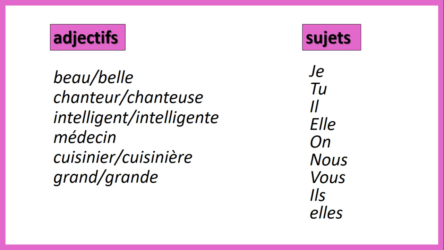So the point here is to make sentences with each subject and using the right adjective. So if you want to say, I'm beautiful, you say, je suis. If you're a man, you say beau, and je suis belle if you are a woman. Make these sentences accordingly, and that's how we can really practice our French.